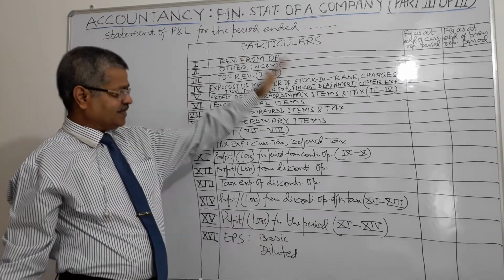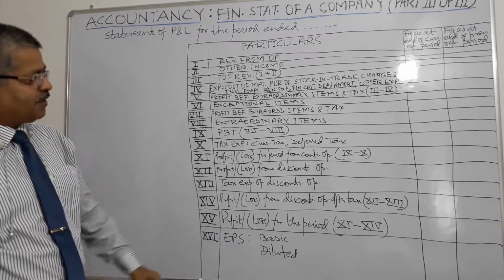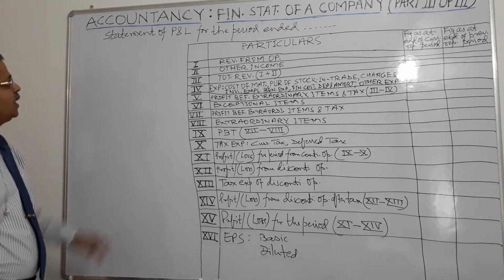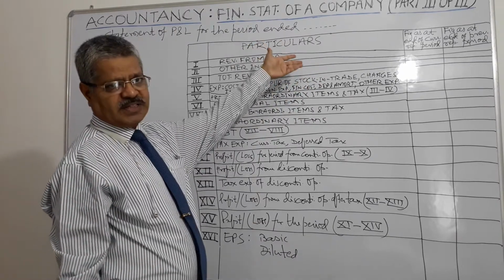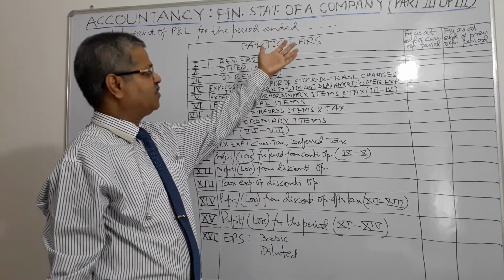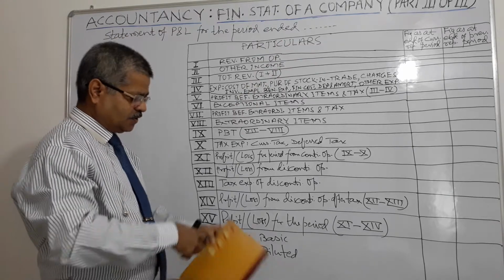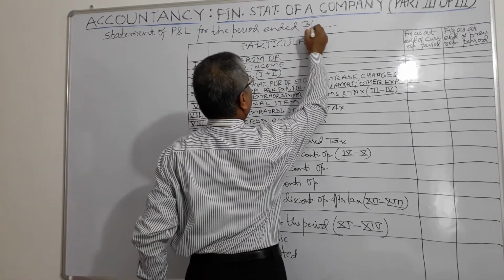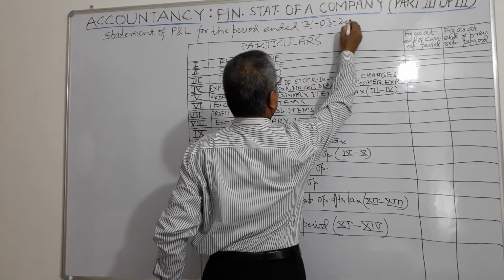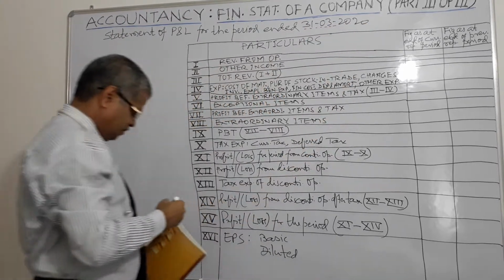This is the standard format of a statement of profit and loss, right? And for the period ended, it could be 31/3/19, 31/3/18, 31/3/20, anything. Suppose hypothetically we take it as period ended 31/3/2020, right?